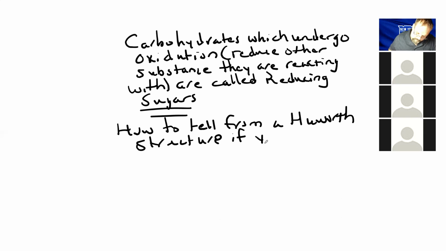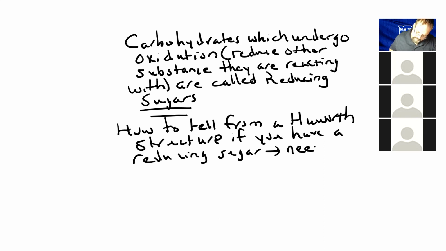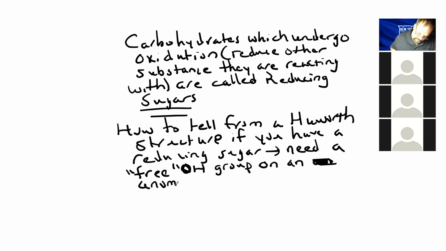So how do we tell from a Haworth structure if you have a reducing sugar? You need a quote-unquote free OH group on an anomeric carbon. And this applies to monosaccharides, disaccharides, trisaccharides.